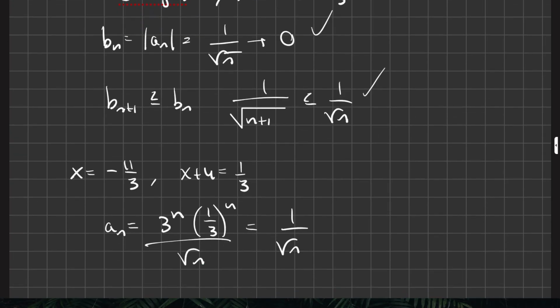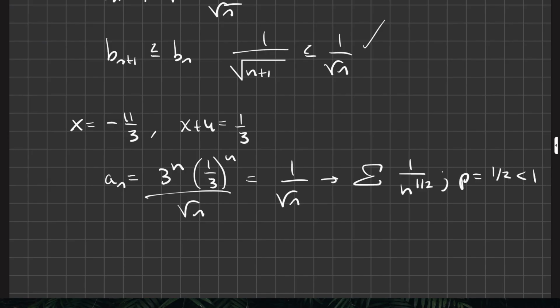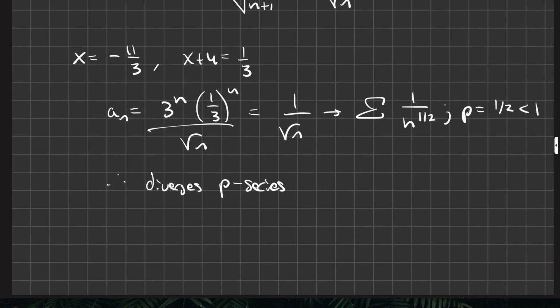Now, this gives us a p series, 1 over n to the 1/2, with p equals 1/2, which is less than 1. So it diverges by the p series test.